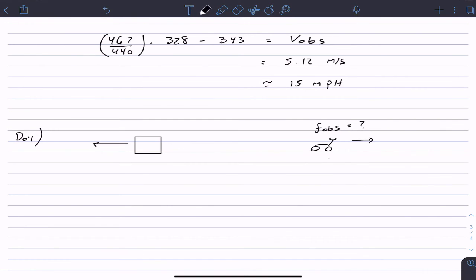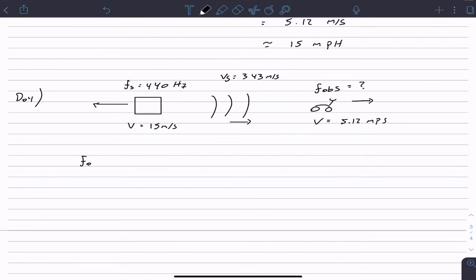We know the speed here is going to be 5.12 meters per second. We know that this velocity is equal to 15 meters per second. We know that the source frequency is 440 hertz. We also know that the speed of sound is 343 meters per second, and it's going to be traveling this way towards the cyclist.